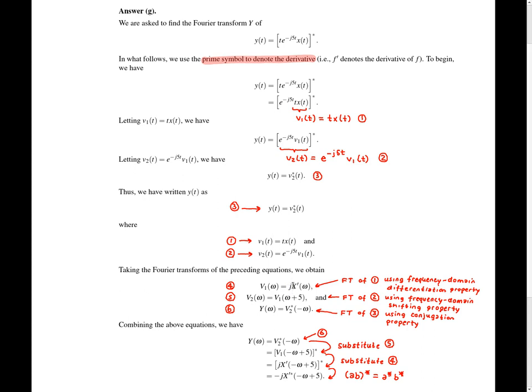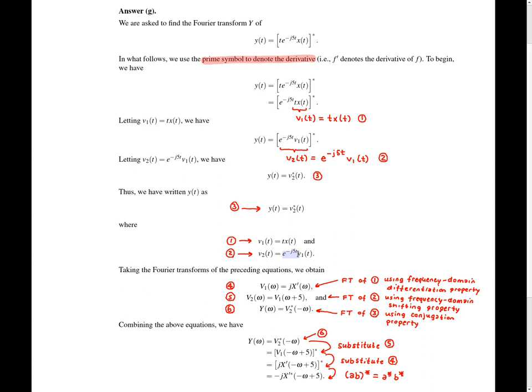Next we consider taking the Fourier transform of equation 2, in other words this equation here. On the left-hand side of the equation we have little v2, so by definition when we take the Fourier transform of little v2 we get big V2, which is this left-hand side here. When we take the Fourier transform of the right side of the equation, we have multiplication by a complex sinusoid, and this corresponds to the modulation property of the Fourier transform.